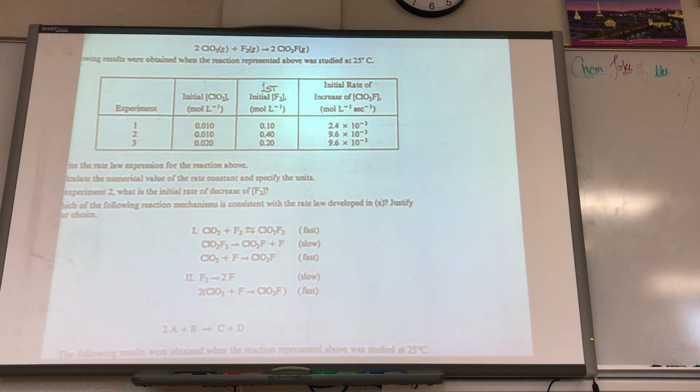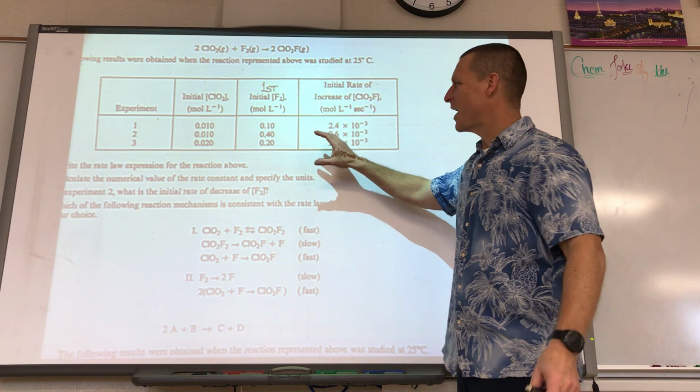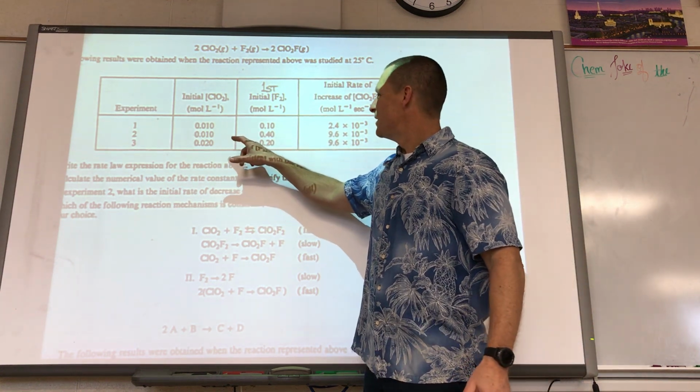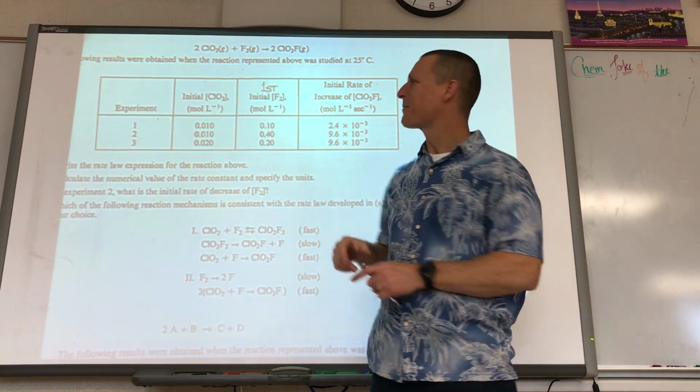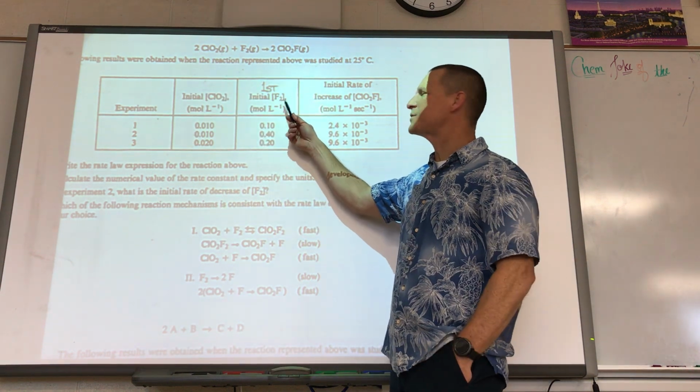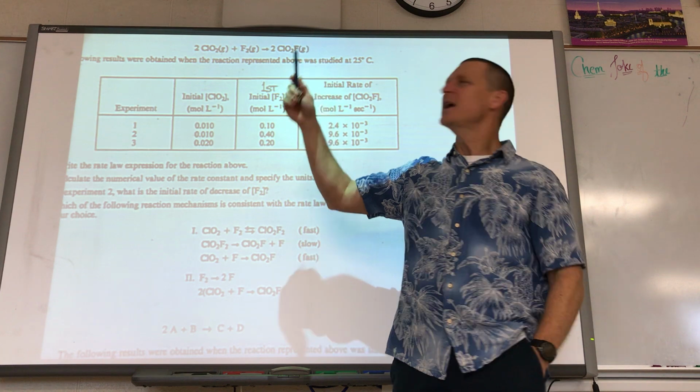Okay. So now, in every other set of trials, both reactants are changing. Since we know that F2 is first order, though, that's going to help us.